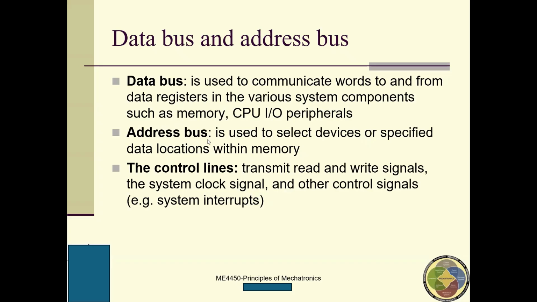Why do we need to have an address? Because a functioning standalone system might have many components. If you want to send out data, the system wants to know where you want to send the data to. Do you want to send it to peripheral 1, component 1, the actuator 1, or the displayer 1?